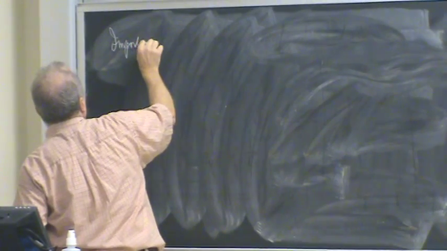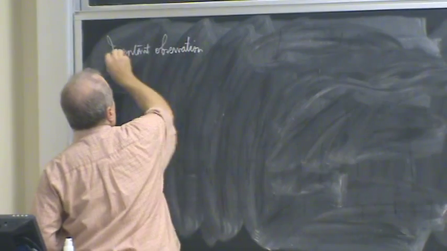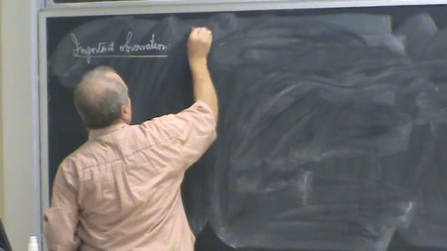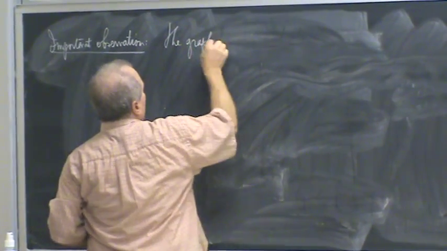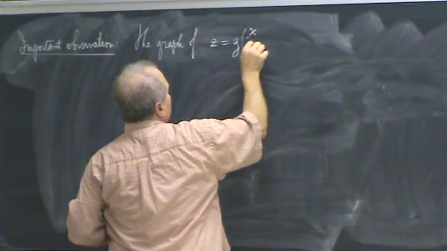Important observation, and this saves you from getting confused, I hope. We just talked about a level surface. Suppose instead I took the graph of z equals a function of x and y.